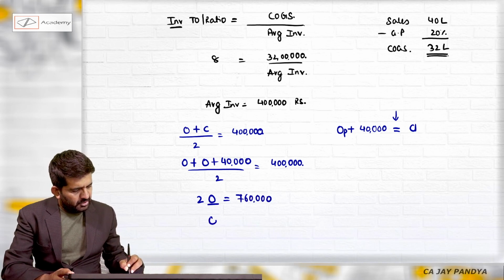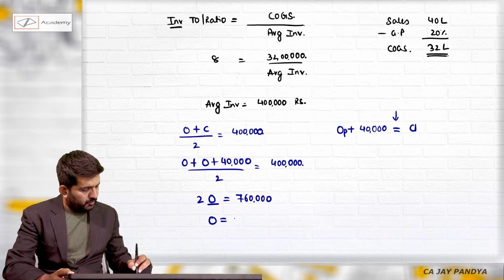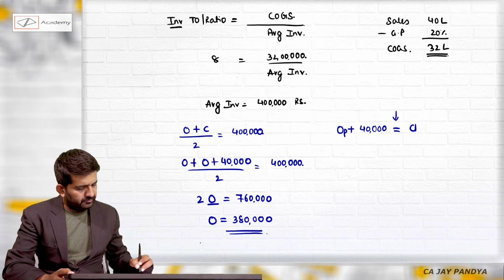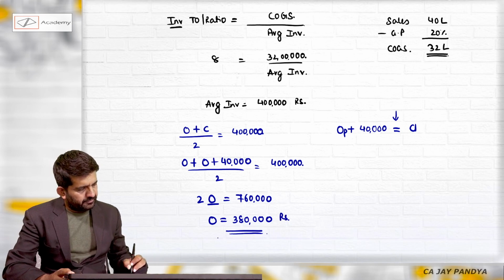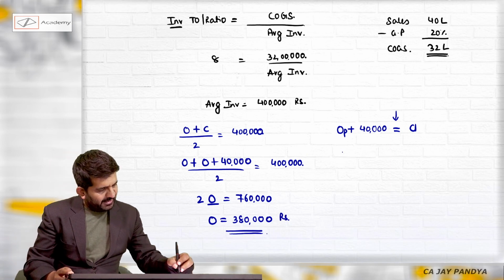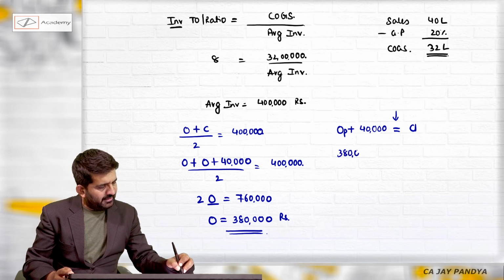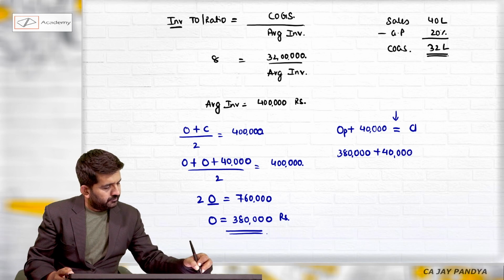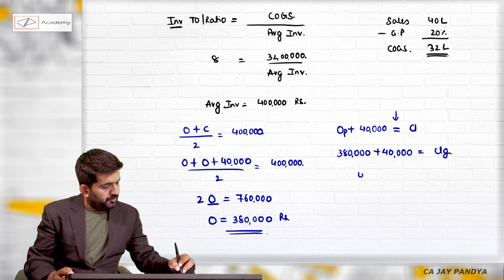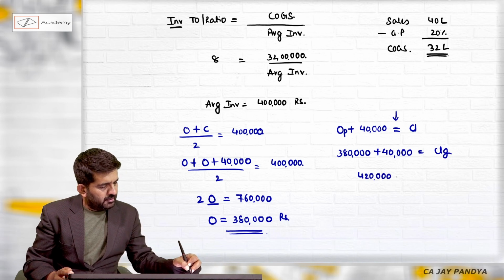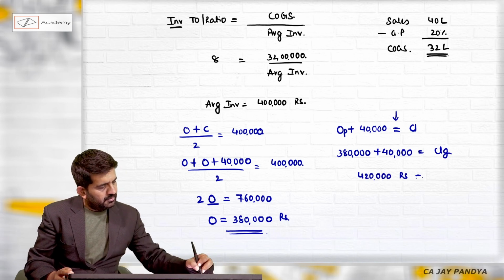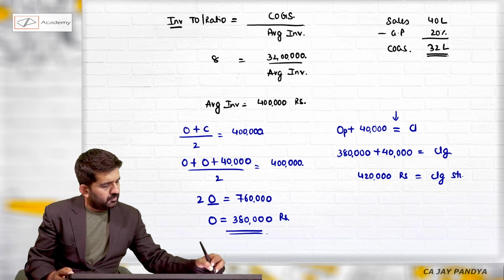So opening will be 3,80,000 rupees. If opening is 3,80,000, then plus 40,000 is closing stock, which will be 4,20,000 rupees.